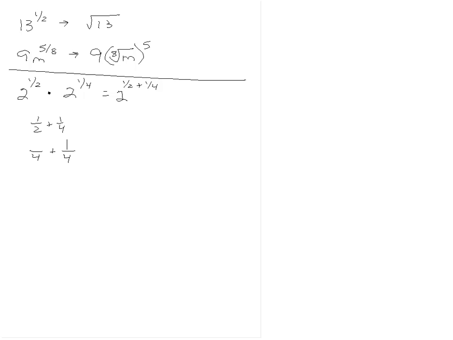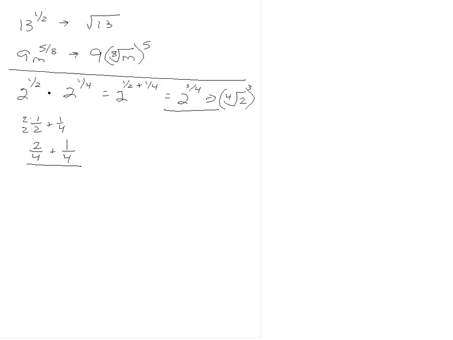To go from 2 to 4, I multiplied by 2, so I multiply the top by 2, and I get 2/4. Now, 2/4 plus 1/4 is 2 to the 3/4. You can leave it like that unless they say convert it, and converting it, it would be the 4th root of 2 cubed. Either way.